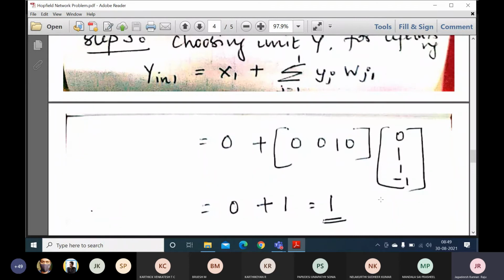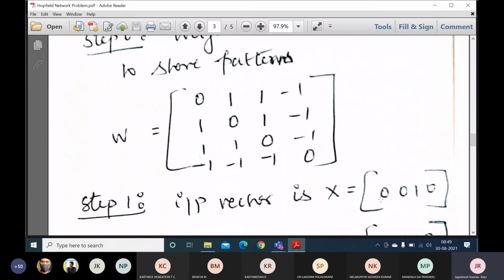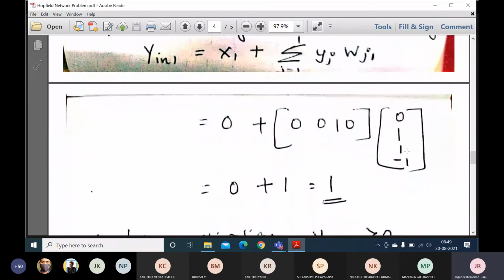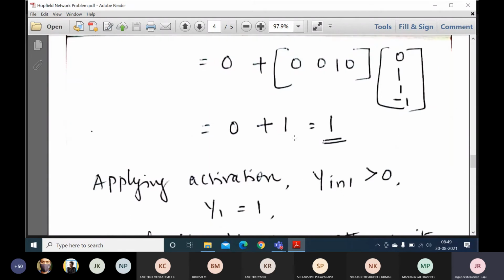And what is wj1? This first column alone I need to consider. So it is 0, 1, 1 and minus 1. If I do the calculation, it is 0 plus 1, equal to 1. Now I need to apply the activation function.